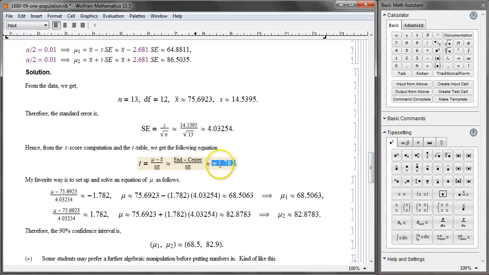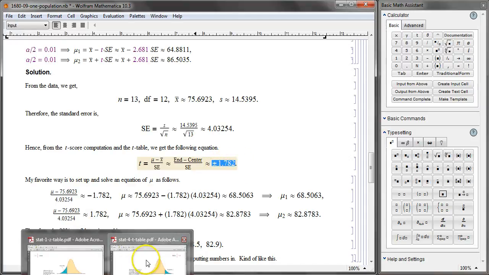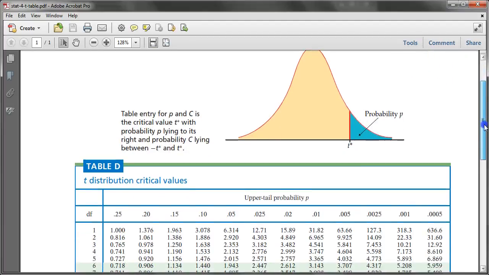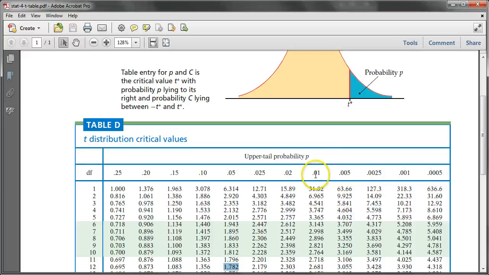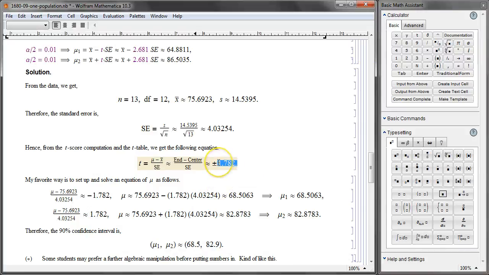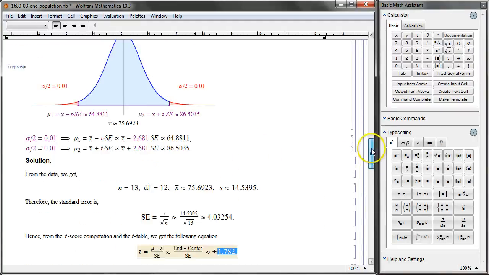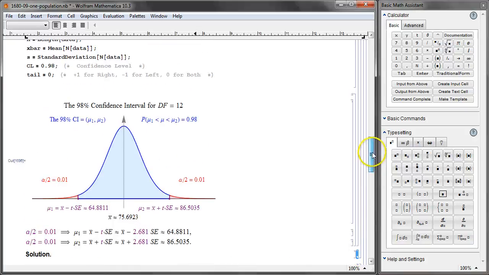So plus or minus something will not be 1.782, but should be associated with 1%. So in this column, with degree of freedom 12, we need 2.681 something. Replace this one by 2.681, follow through, and you'll be able to get this done. The detail is left to the students.